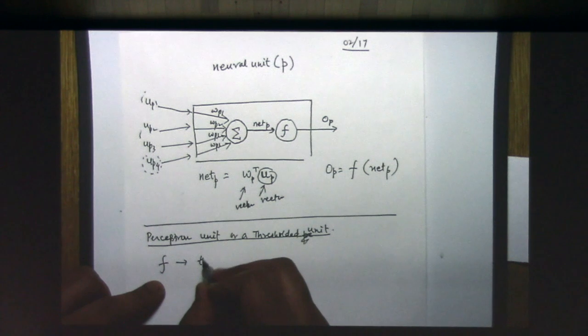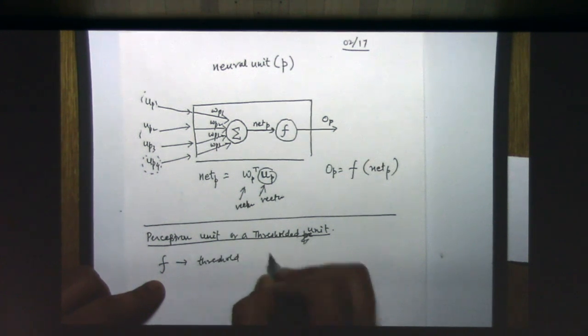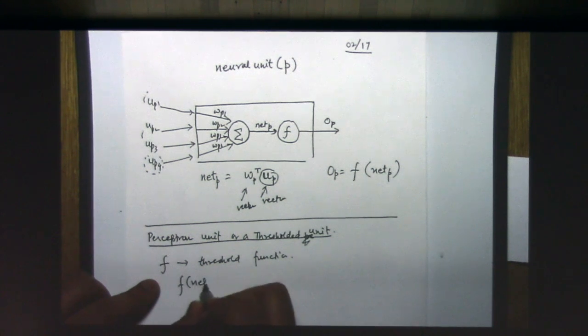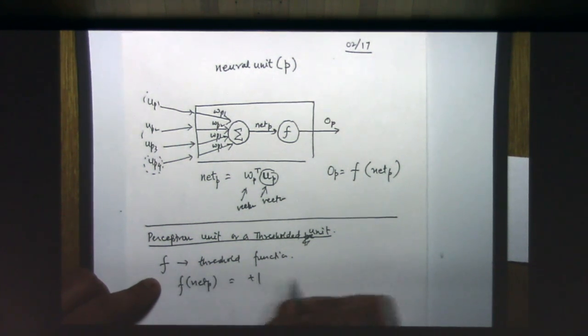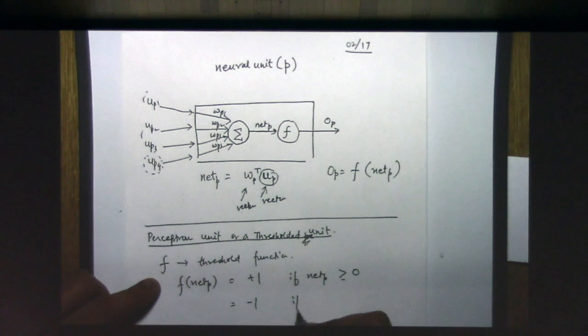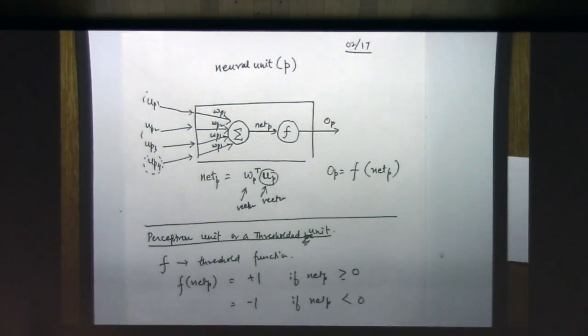So F of net P is +1 if net P is greater than or equal to 0, and is equal to -1 if net P is less than 0. Or it could be 0, one of them. That's why we call it a threshold function.